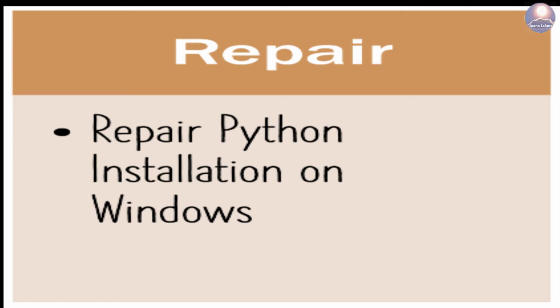Here in this case, Python 3.8.5 version is used. It may be different in your case, so please make sure to use the right installer version. Please use the same version of Python release for repair on which Python was installed.